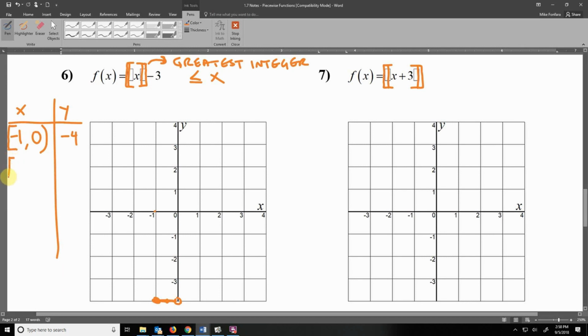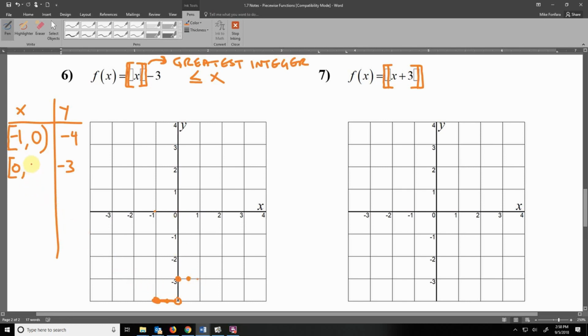If I put in a 0, the greatest integer less than or equal to 0 is 0, minus 3 is -3. If I put in 1/2, the greatest integer less than or equal to 1/2 is 0, minus 3 is -3. If I put in 9/10, it's still 0, minus 3 is -3.